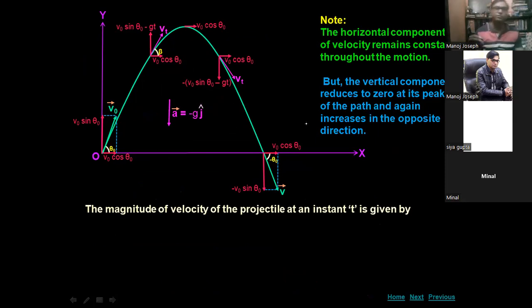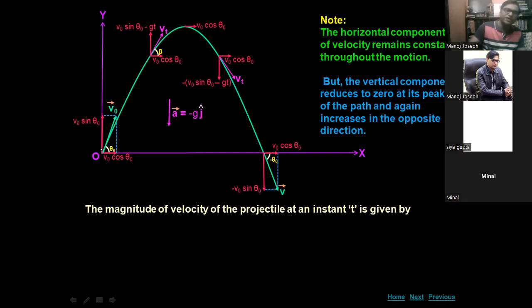Let us consider the motion of the object along the x and y axes. These are the velocity components: initial velocity v0 cos theta and v0 sin theta along the x and y axes. This is the direction of the acceleration.